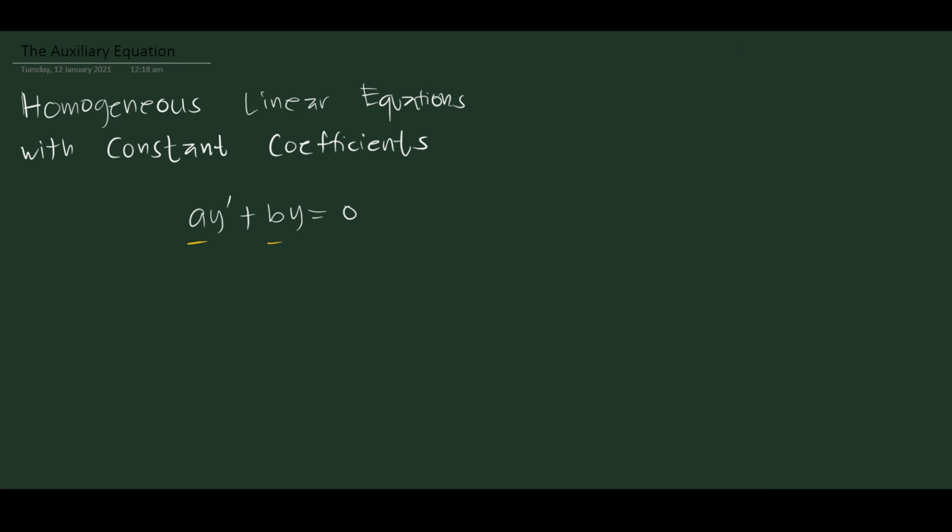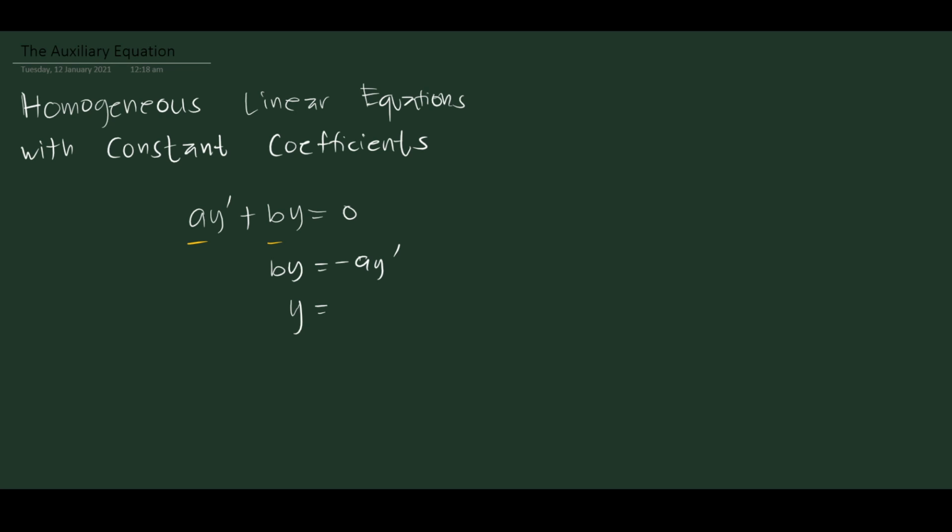If we examine this equation, let's manipulate it a bit and express y in terms of y prime. If we subtract a y prime from both sides, we will get negative a y prime.